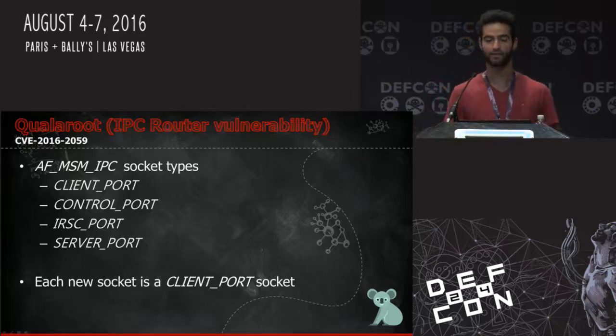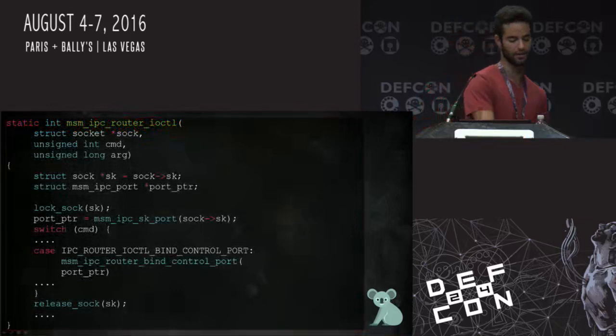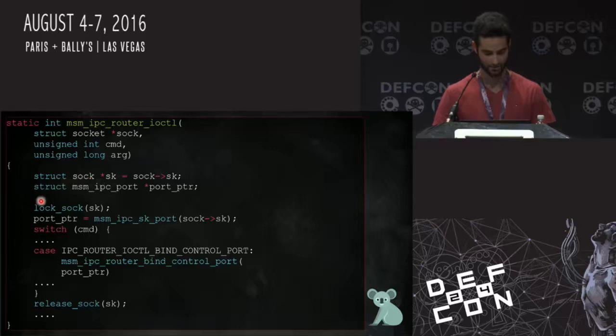So how do we create a control port? We simply issue an ioctl on the client port. The function that handles the ioctl is this one. Basically, it locks our current endpoint, so we can't issue 2 ioctls simultaneously on the same socket. And then, according to our command, it performs operations.